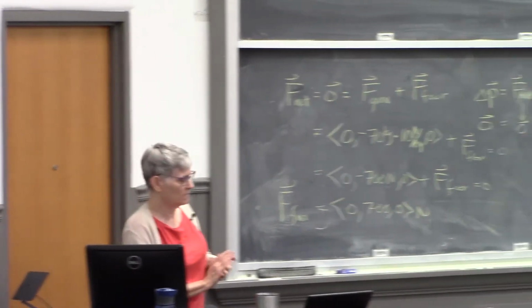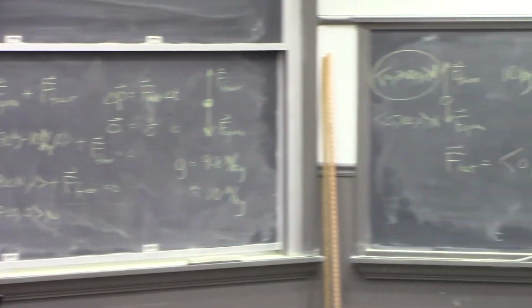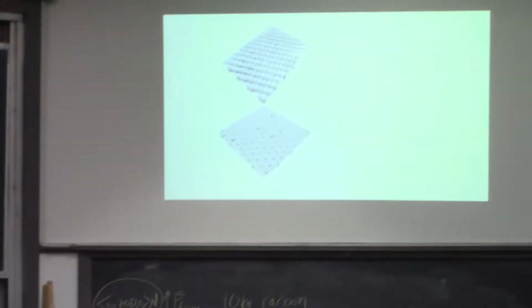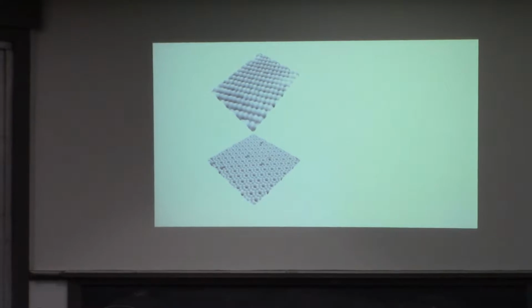These are images of the surface of a solid block of, in this case, silicon, made by an instrument called a scanning tunneling microscope. And there are now several kinds of instruments that can do this.